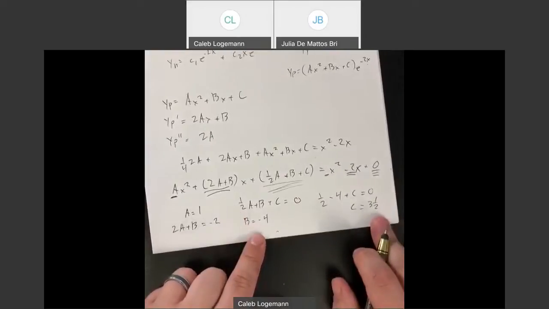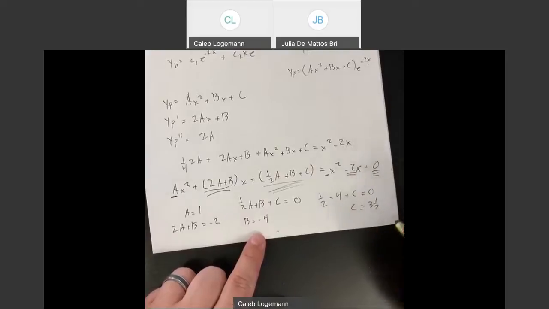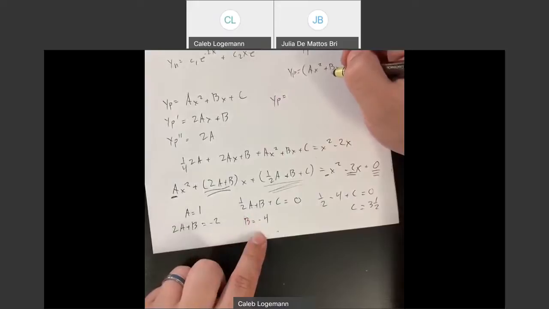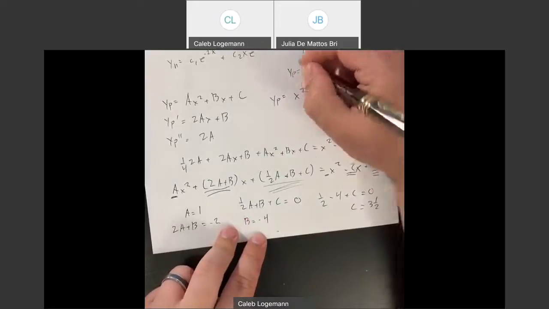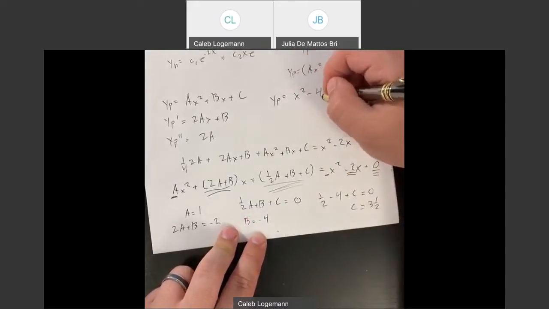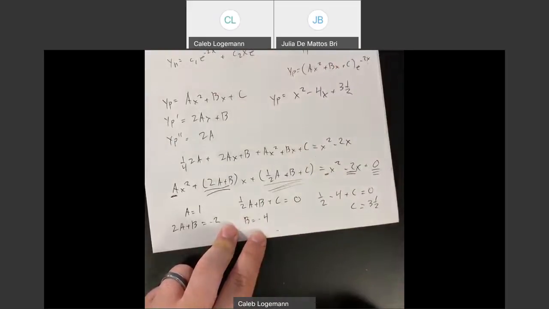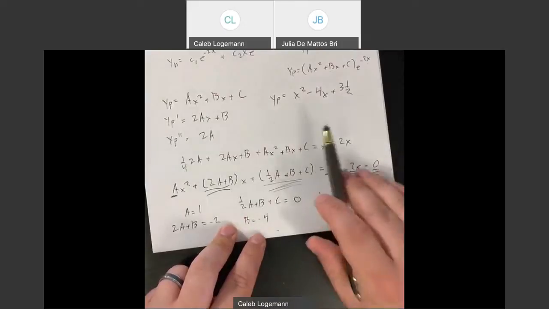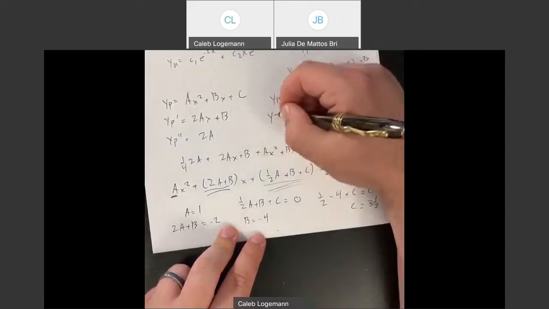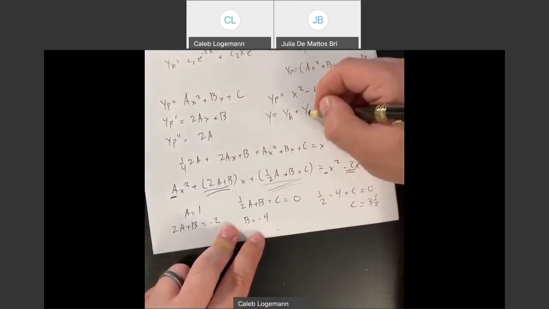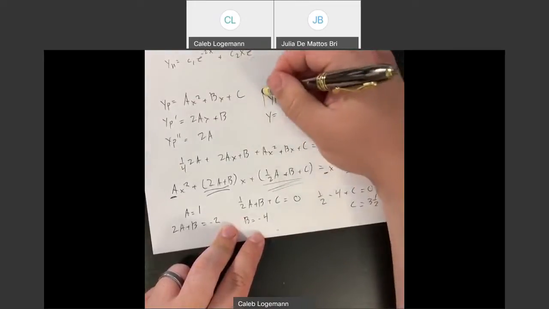So c should be 3.5. That means our particular solution is 1x squared minus 4x plus 3.5. And then the general solution is just our homogeneous plus our particular, these two parts added together.